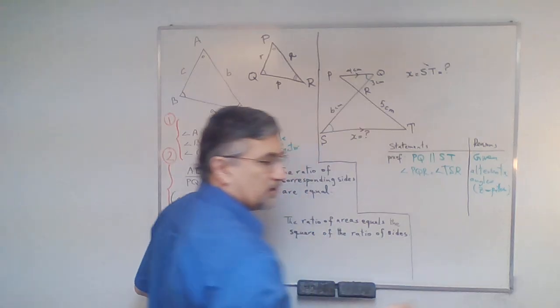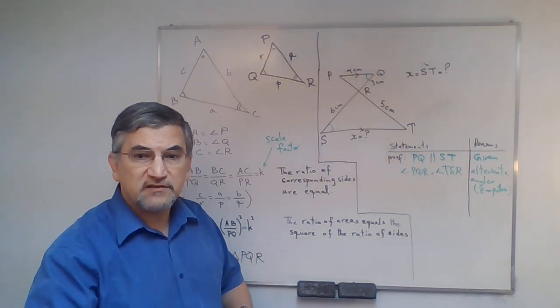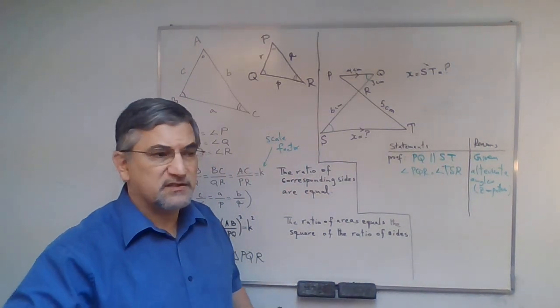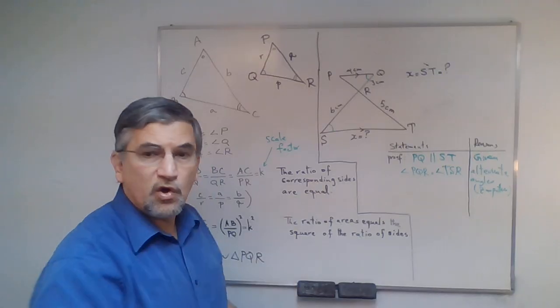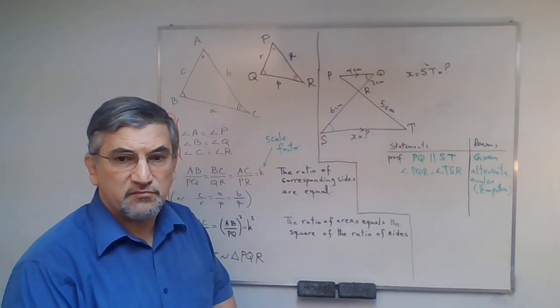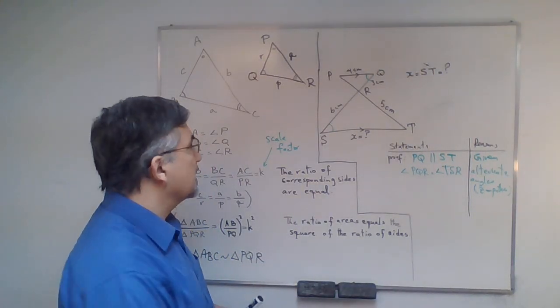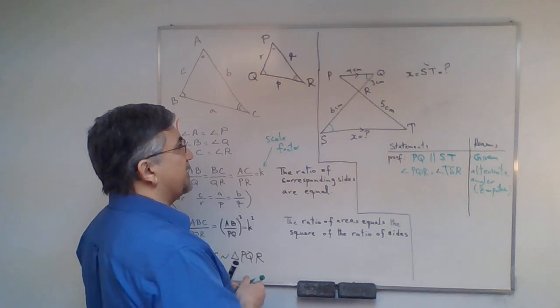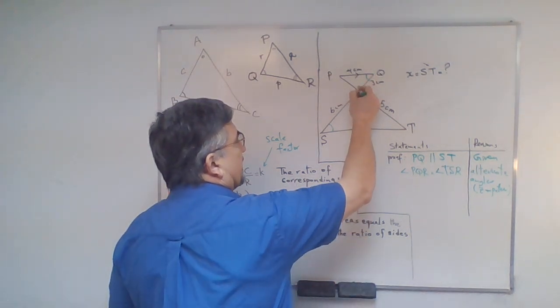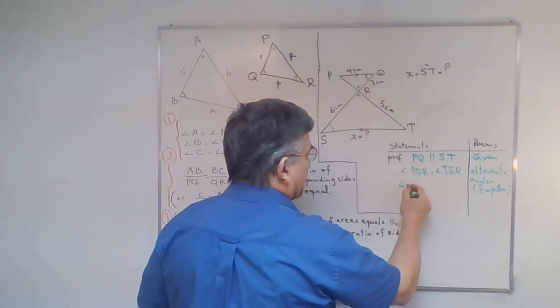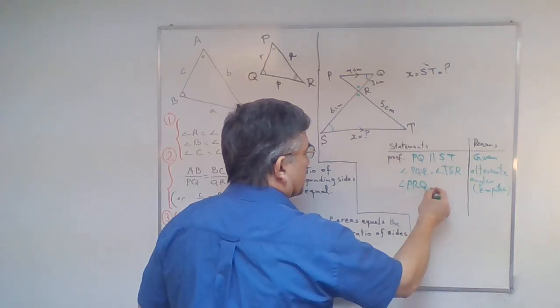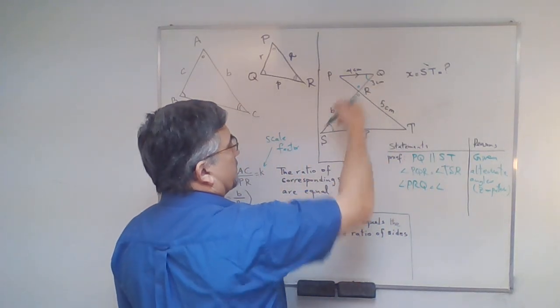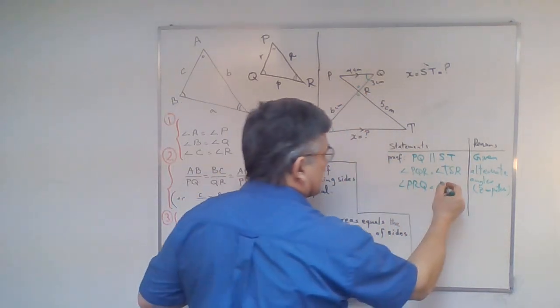We remember about corresponding angles making F pattern, interior angles making C pattern, and alternate angles making Z pattern from earlier grades, elementary school. So that's one thing I can say. And also I can say that angle PRQ is equal to angle TRS.